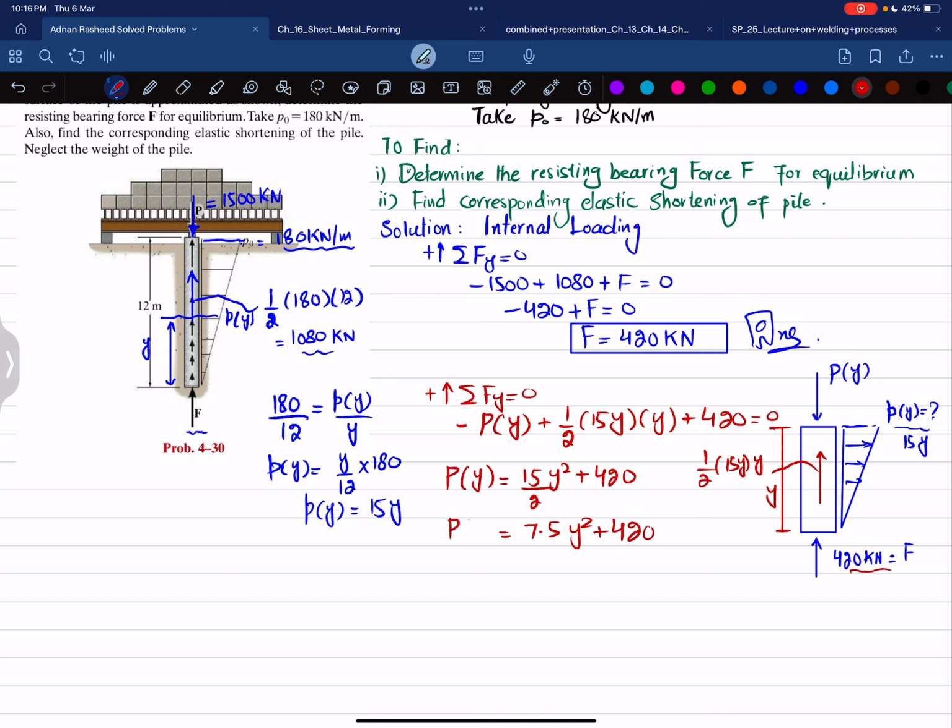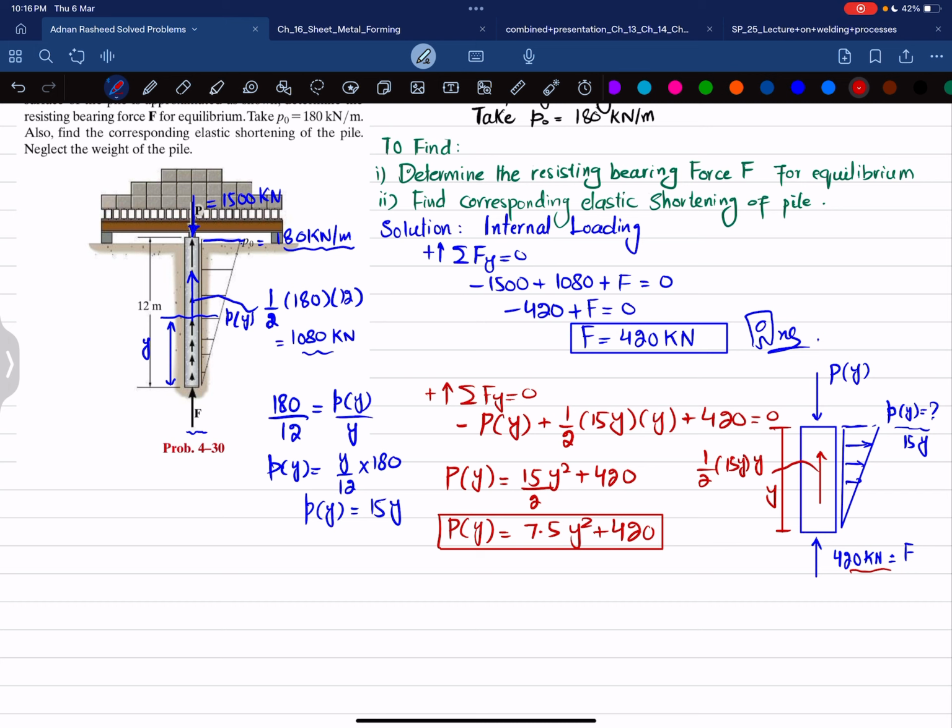So it means that this internal normal force that is developed when cut at a section of y is 7.5 y square plus 420. So if you put the value of y at any length of y from 0 to 12, you can find the internal normal force that is developed in this bore pipe.